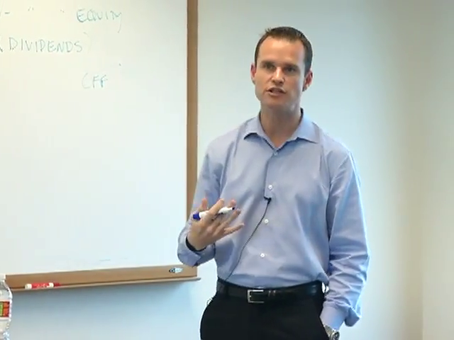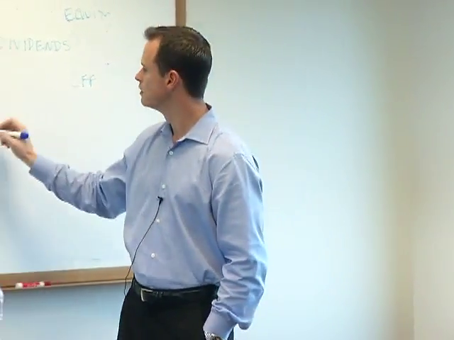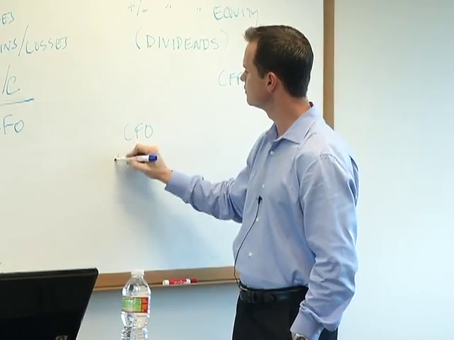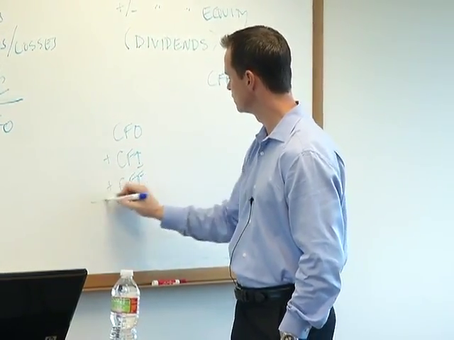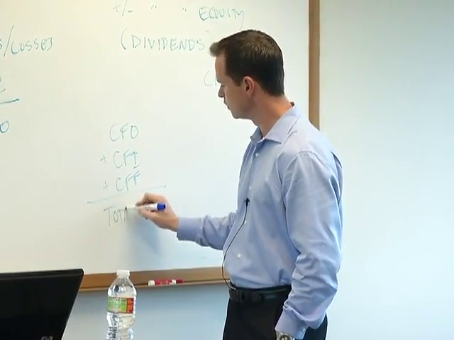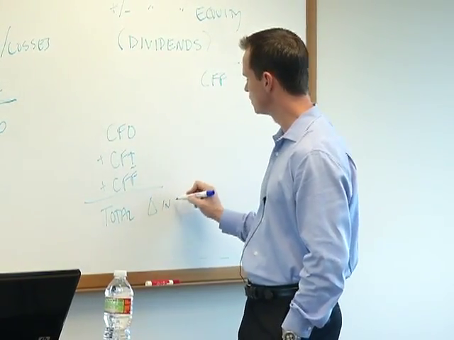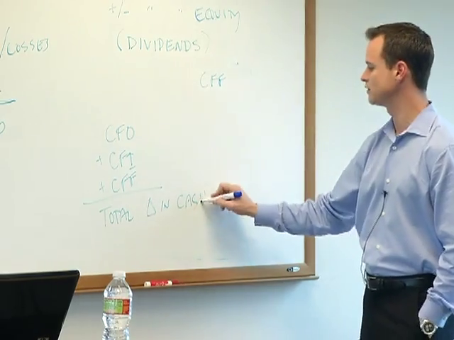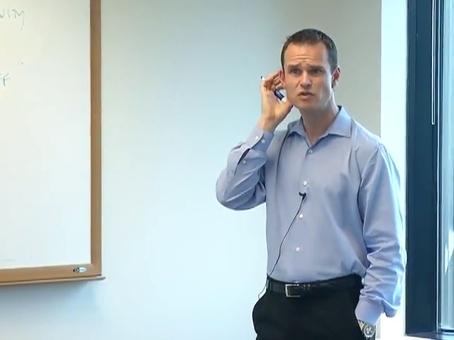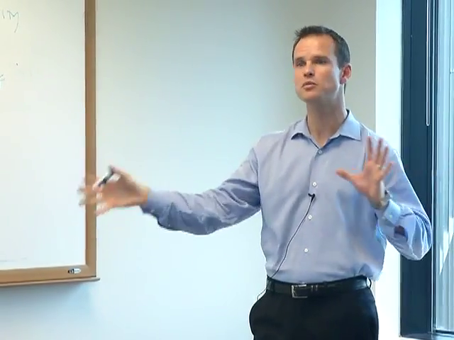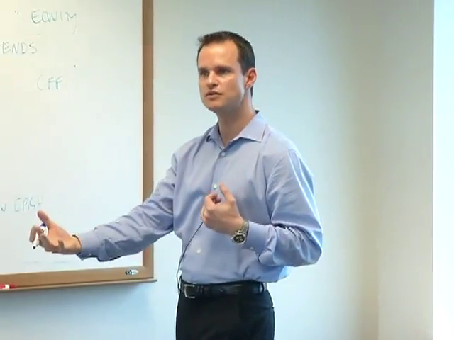And our total change in cash for the year is going to be cash from operations plus cash from investing plus cash from financing equals total change in cash or total cash flow for the year. Make sense? So we basically just looked at all the possible inflows and outflows of cash.